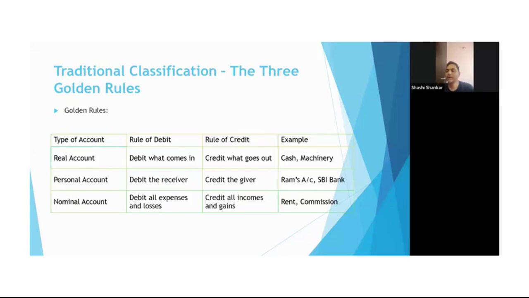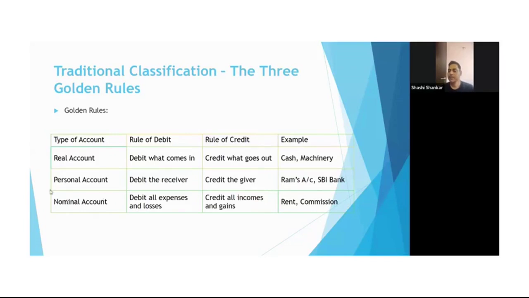So for the entire transactions that happen day in and day out, in general we have to classify them as real account, personal account, and nominal account. On that basis, the debit and credit will be posted.